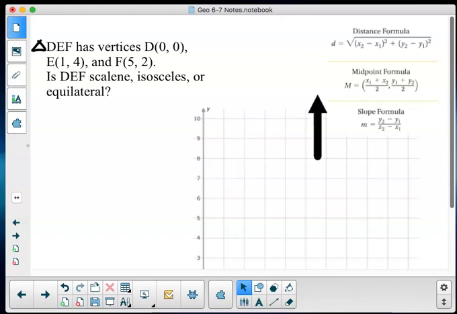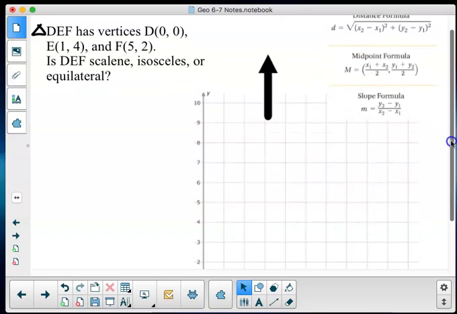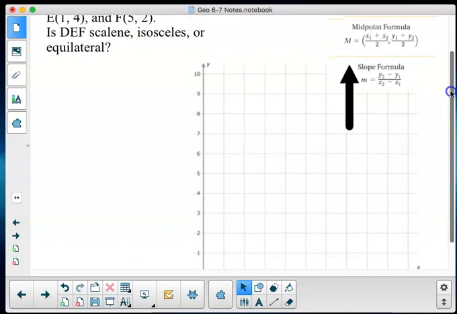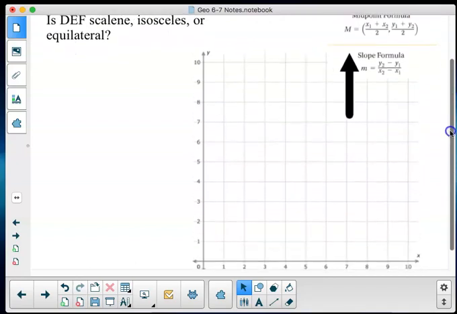Again, I included these formulas. Okay, and you can totally use the formulas. I'd normally be using the distance formula if I just used the points. But because I have this wonderful grid and they give me those points, I am going to use the grid. And I am looking at (1,4), if I can get my grid up here.